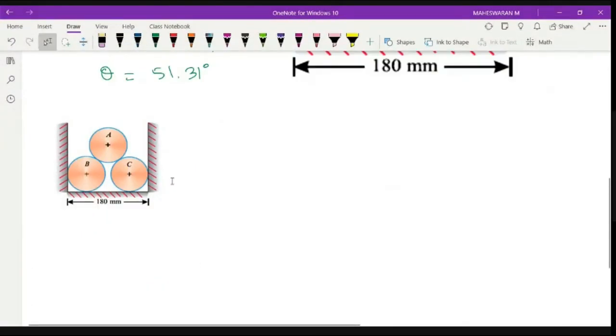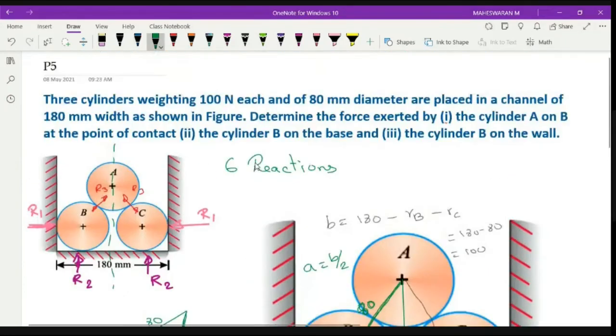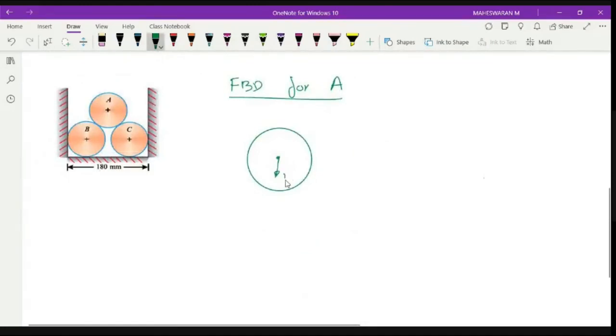So now I'm going to draw the free body diagram for A. Consider A, it's my circle. You have weight acting downward, and the weight is 100 Newton. And you have two contacts.